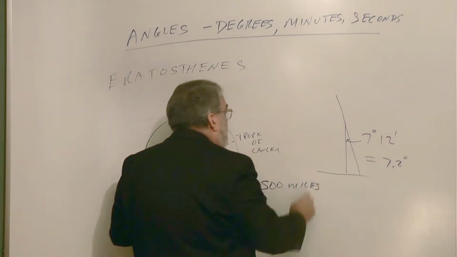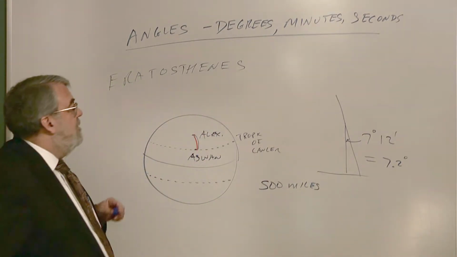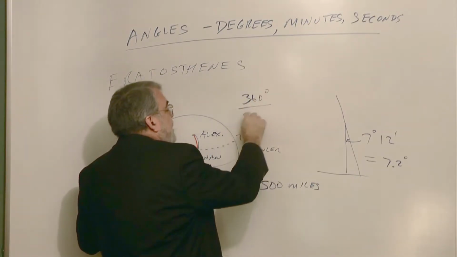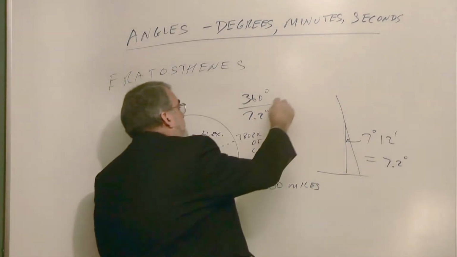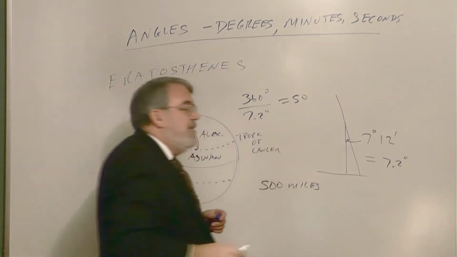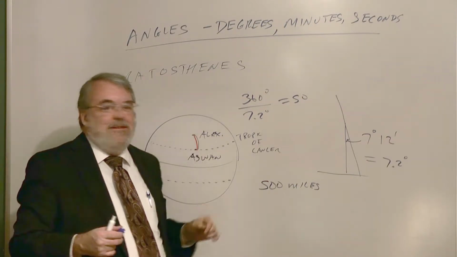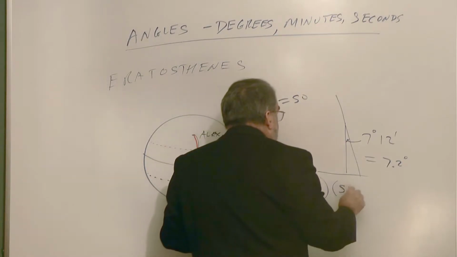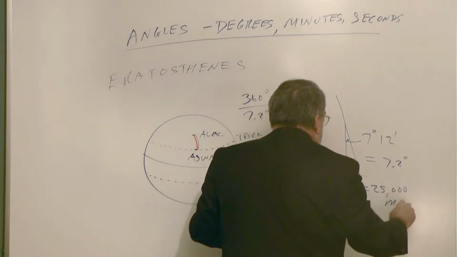And 7.2 degrees: if you take 360 degrees divided by 7.2 degrees, that ends up being exactly 50. So in other words, this is 1/50th of the circumference of the Earth. If you multiply 500 miles times 50, you get 25,000 miles.